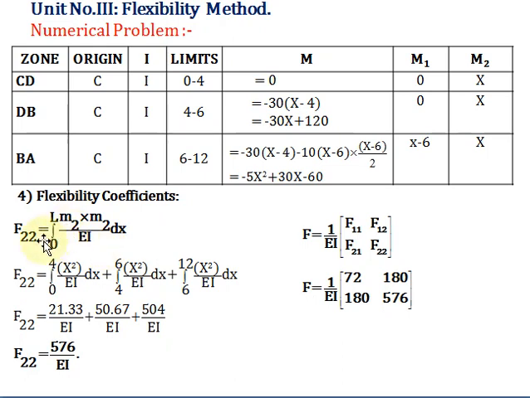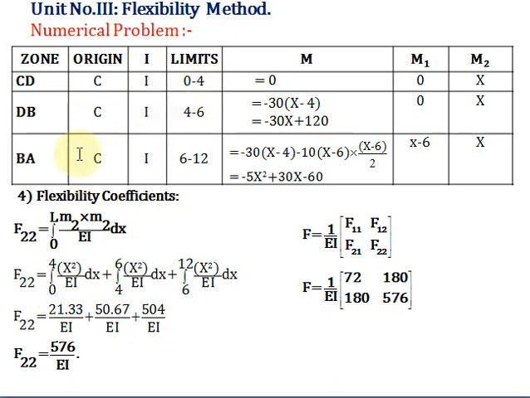Okay, next value of the flexibility matrix, that is F22. So integration 0 to L of m2 into m2 upon EI. So here whatever the values are there in the m2 column, you have to multiply by m2 only. So m2 into m2 is nothing but what? For zone CD, it will be x into x. So x into x is x square. The value of EI is 1.